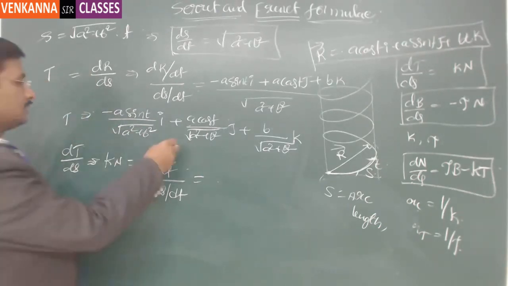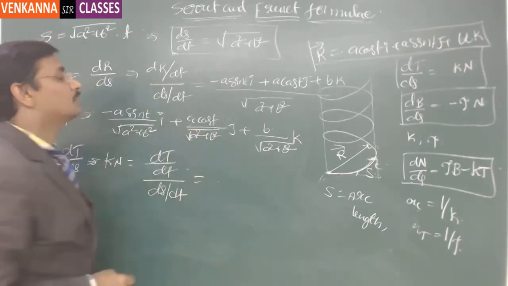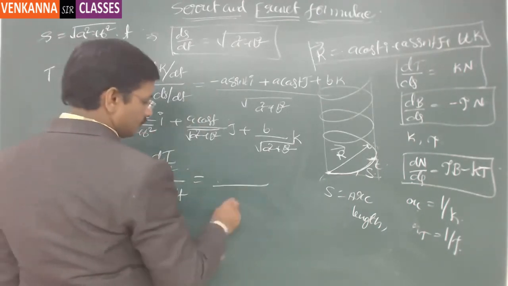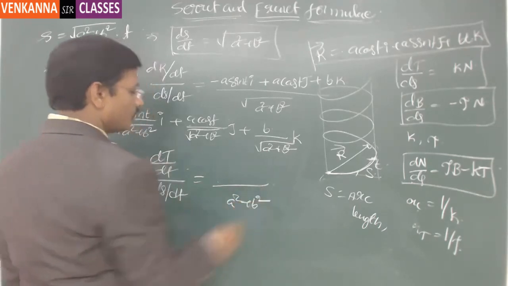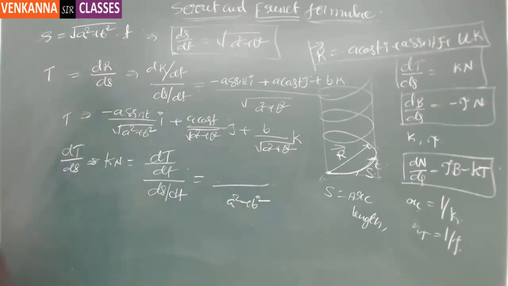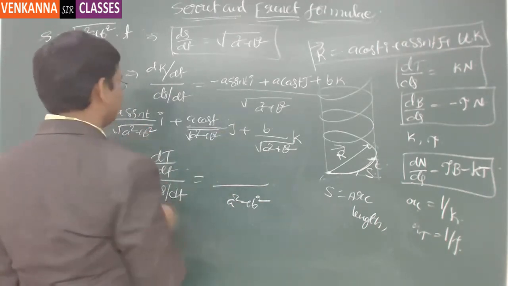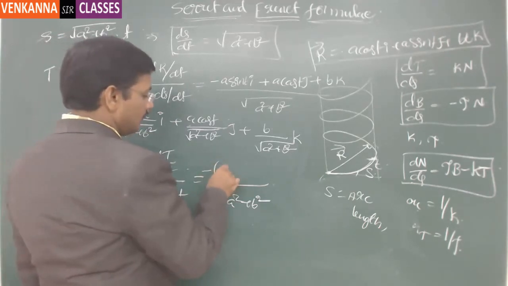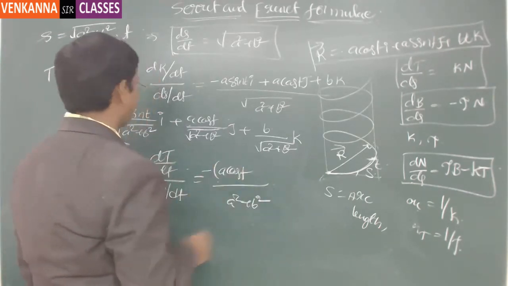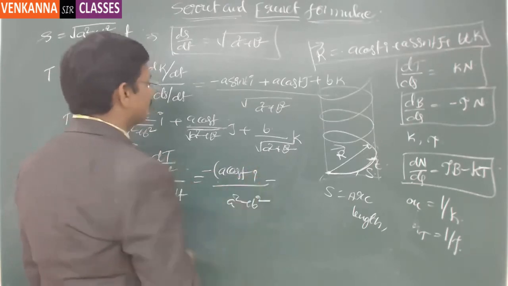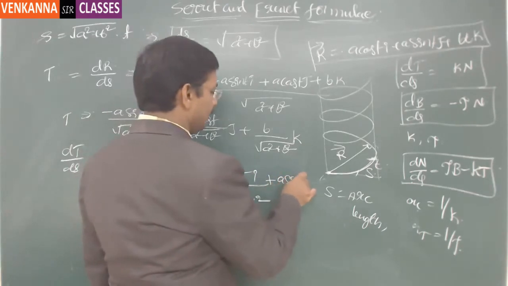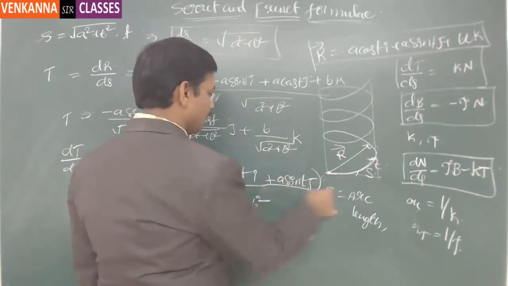This ds by dt is square root of a square plus b square, and then the derivative of T: the square roots cancel because of the multiplication of the root, and dT by dt is the derivative, so the derivative of sin t is cos t into i, the derivative of cos is minus sin, then a sin t into j, and the derivative of a constant is 0.